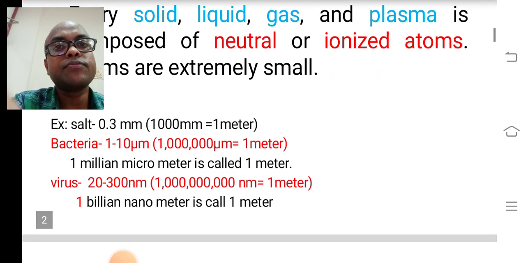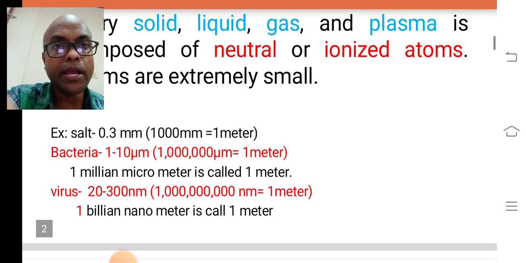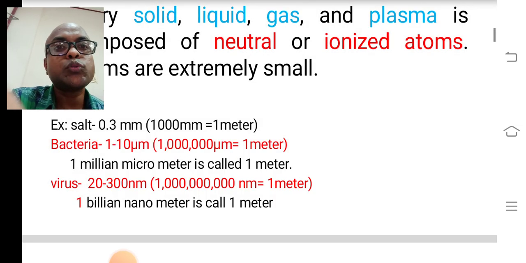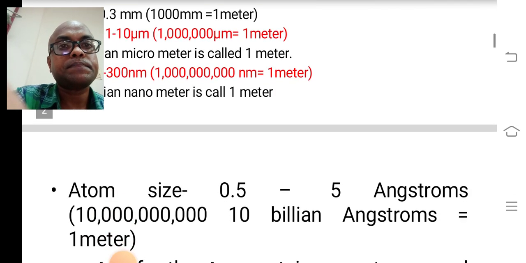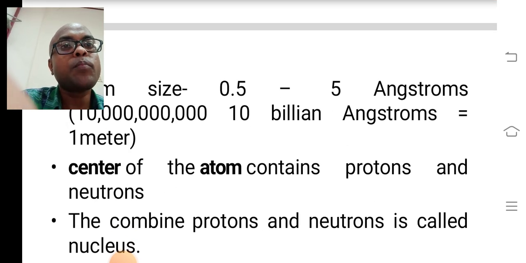Some examples: salt is 0.3 millimeter, bacteria 1 to 10 micrometer, and virus 20 to 300 nanometer. The atom size is 0.125 angstrom. That means 10 billion angstrom is equal to 1 meter.